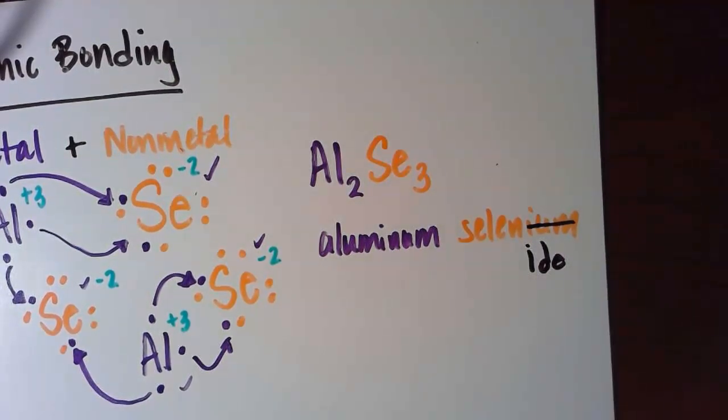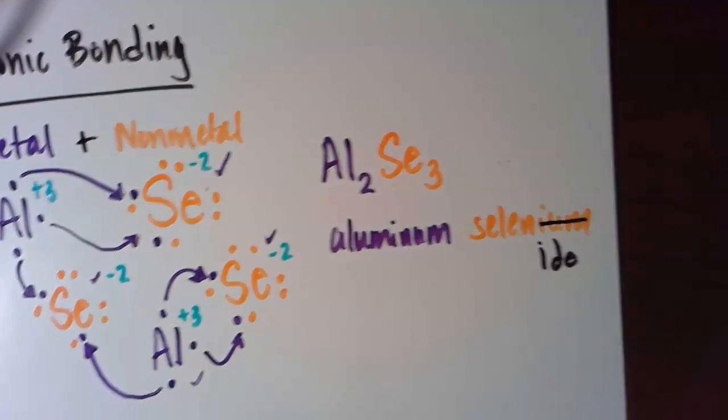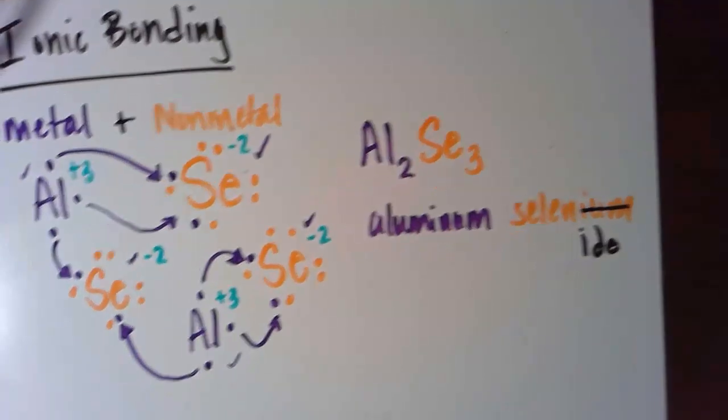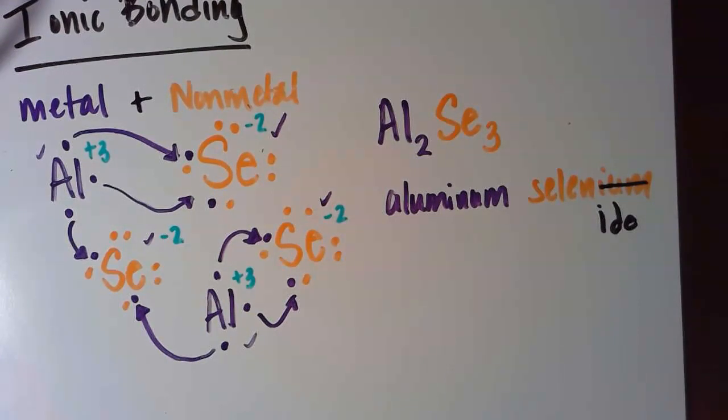Aluminum selenide. So just do your best at naming. It's going to sound funny, like phosphorus is not phosphoride, it's phosphide. Sulfur is sulfide. Silicon is silicide. That one's pretty ugly. Carbon is carbide. Hydrogen is hydride. The rest of them I think are pretty obvious after that.